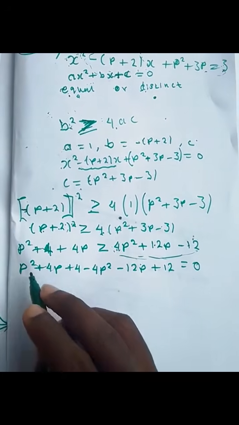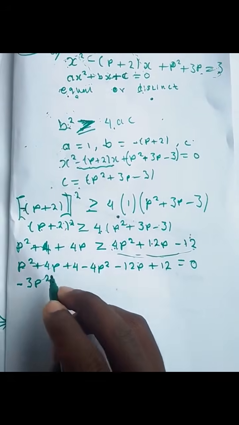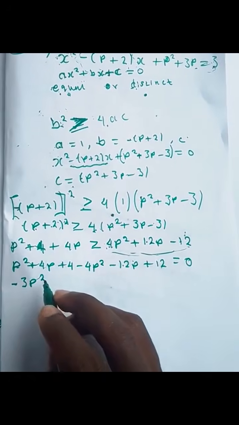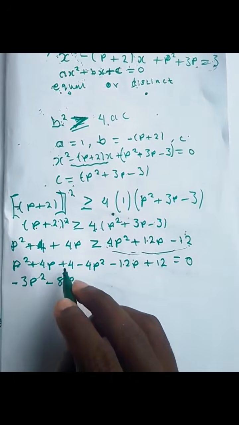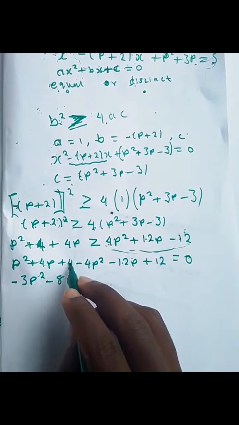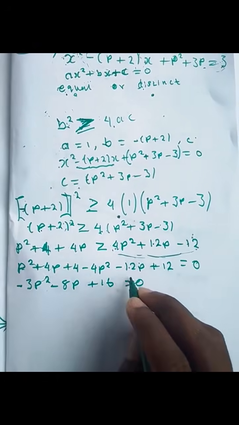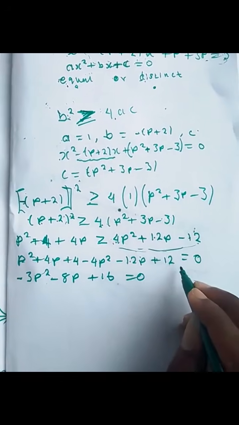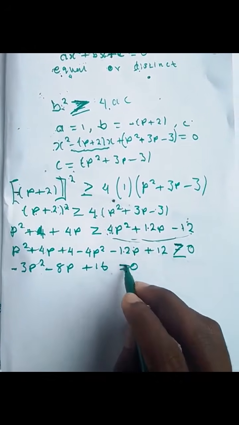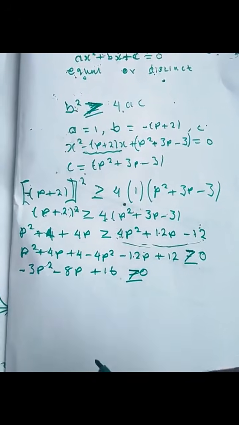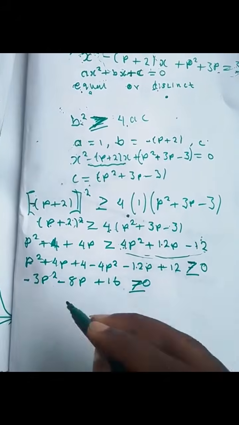The like terms, this and this, they'll give me negative 3p power 2. This plus this, they're going to give me negative 12p. And 4 plus 12, that's going to give me 16. Right? And my bad, I should not use equal sign here. I should maintain the greater than or equal to sign. Yeah.